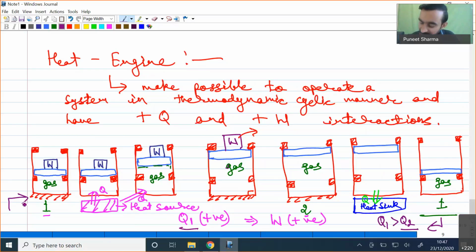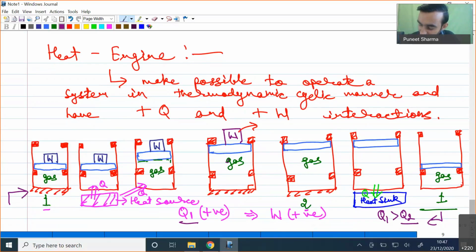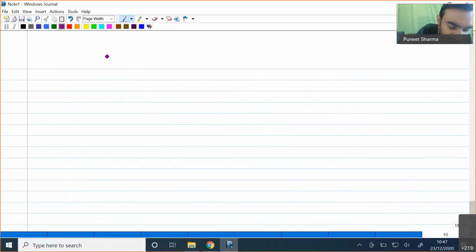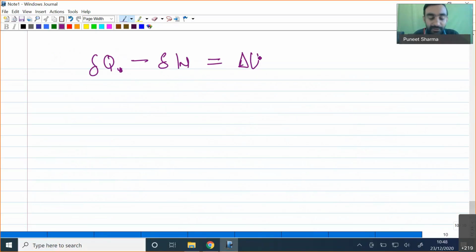Okay, so now during this cycle, if I write over here the first law of thermodynamics, as per the first law of thermodynamics, we know that the total amount of heat transfer, del Q minus del W, this is my closed system, so that will be nothing but equal to delta U. If I write this first law for my overall cycle, from the previous diagram it is clear that my system has finally reached state 1.